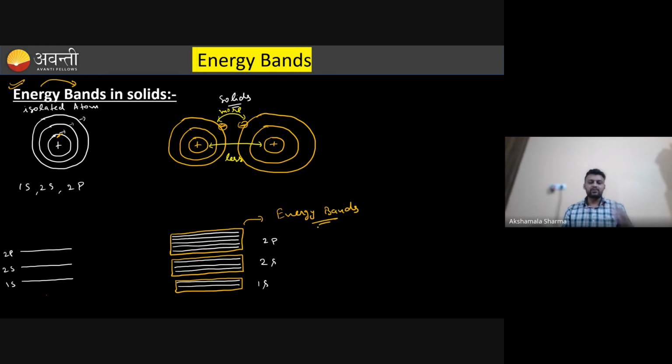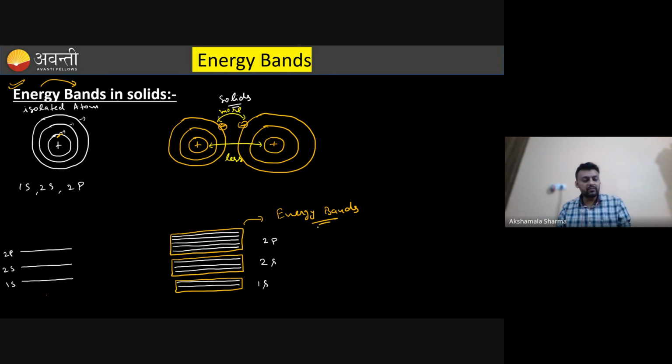I think this statement is clear. The process is clear, what's happening here. For an isolated atom, the energy levels are fixed. But for solids, due to the interaction with nearby atoms, the energy levels may vary, may decrease or increase from the fixed value. For which shell will the variation be more?